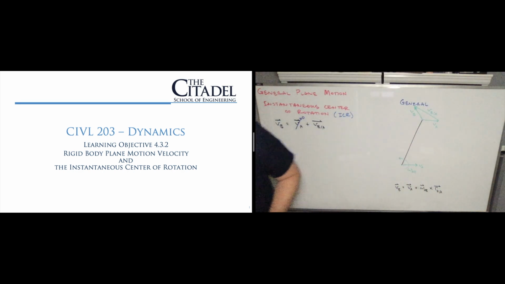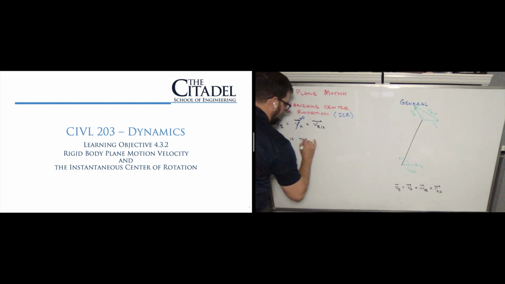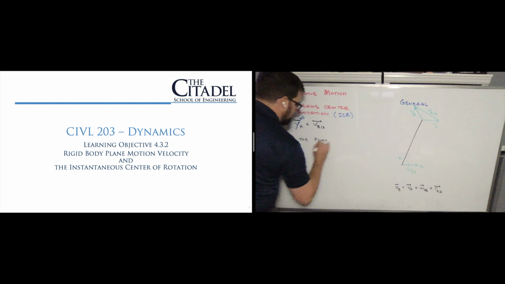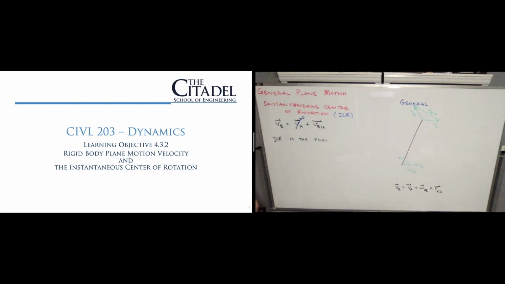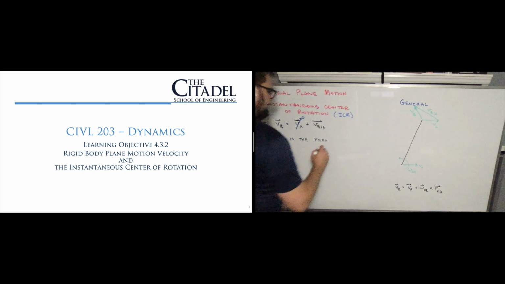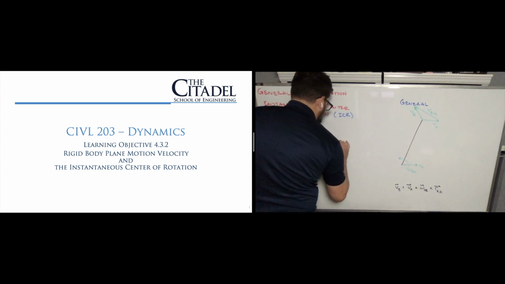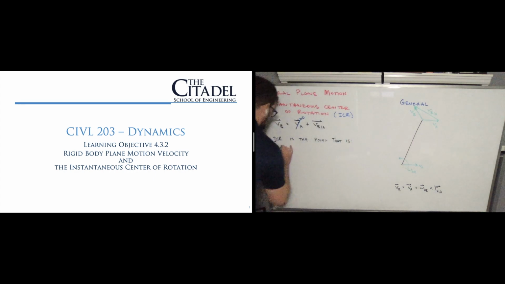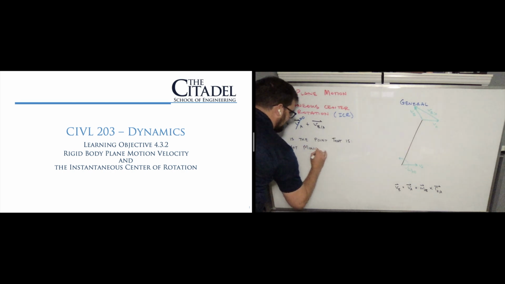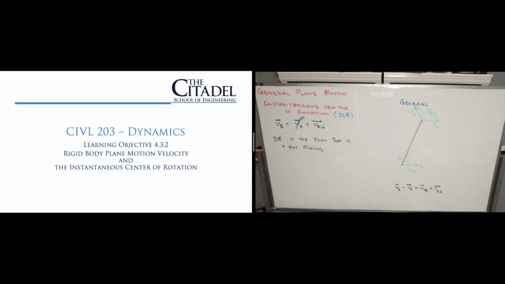And so the question is, how do we find this ICR? How do we define it first? So the ICR is the point on a body or near a body that is not moving. So if we have a fixed axis, it's fixed axis center of rotation, and that is in fact the ICR, is that axis, right?